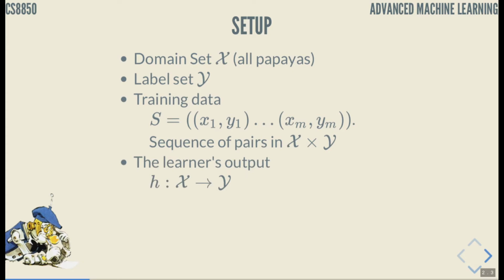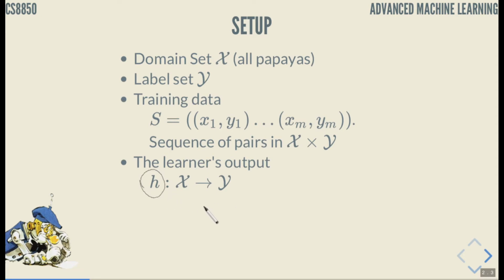Now, let's say our learner or our learning algorithm considers S, but what it needs to return, what we're after, is h, which is our prediction rule, aka classifier, aka hypothesis, aka predictor.